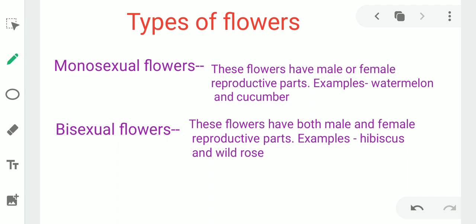Both androecium and gynoecium are present in the same flower. Examples are hibiscus and wild rose.